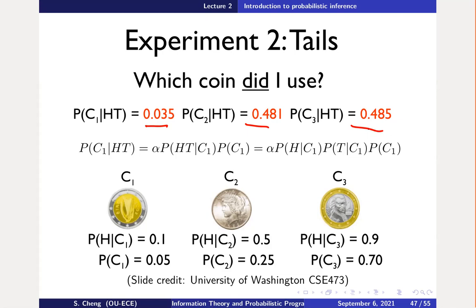Now again, I mentioned we have two questions in mind, right? The first question is which coin we actually drew from that bag. And the second question is, if I toss that coin again, what will be the probability of getting a head? The second question is what differentiates MAP and Bayesian inference.